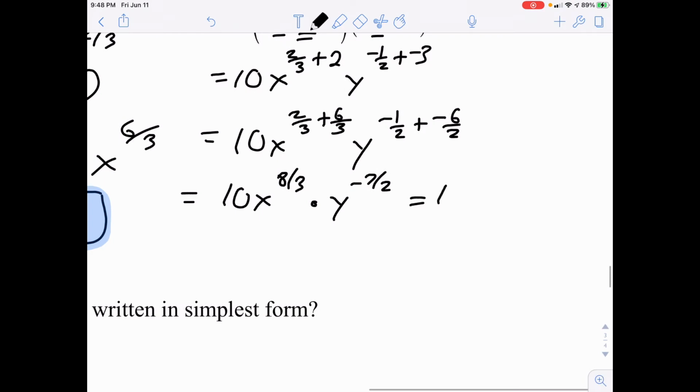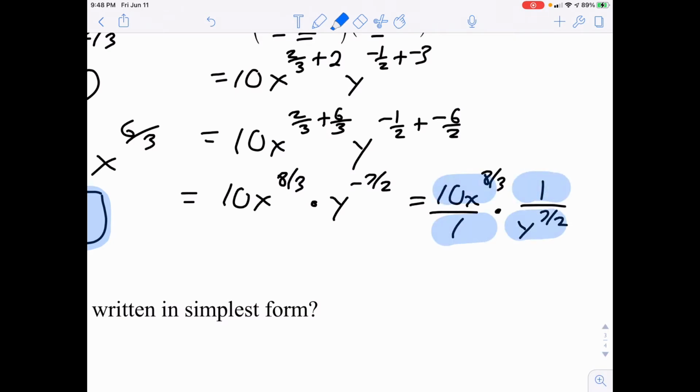That's the same thing as 10x to the 8/3 over 1 times 1 over y to the positive 7/2. Multiply across the top and bottom, and we get 10x to the 8/3 over y to the 7/2 power.